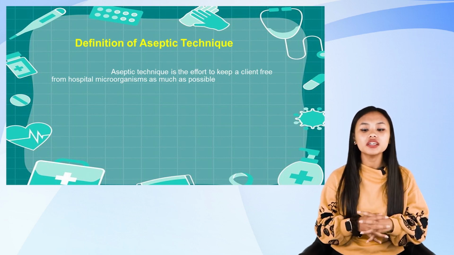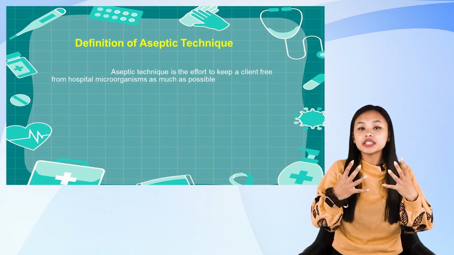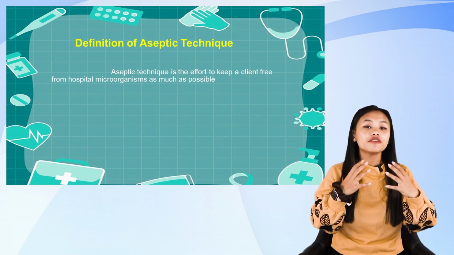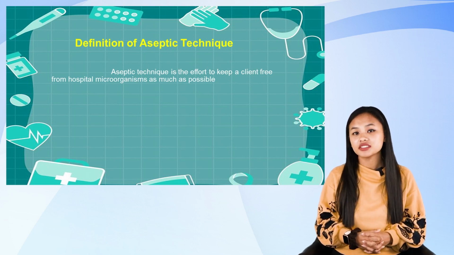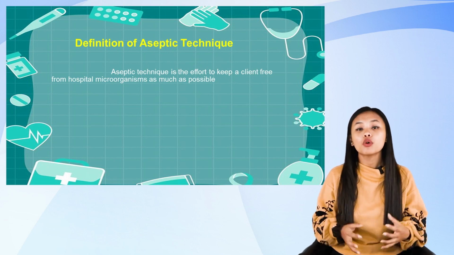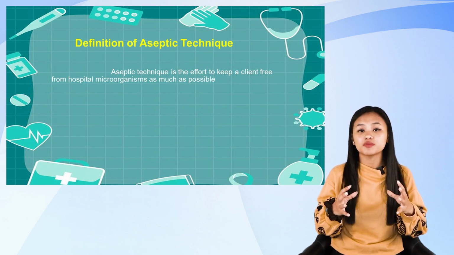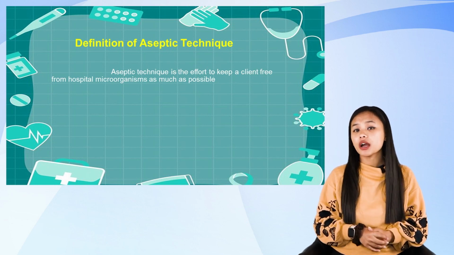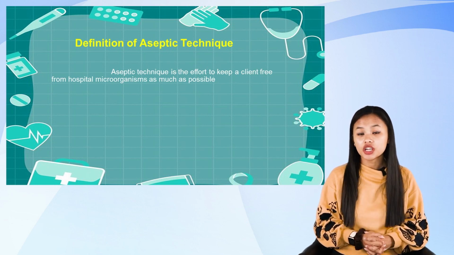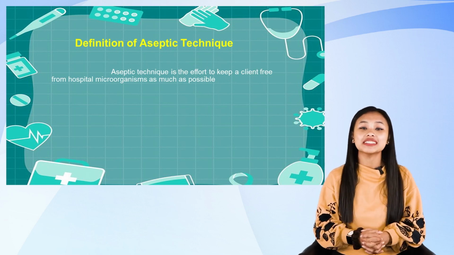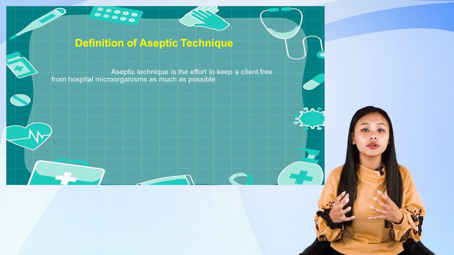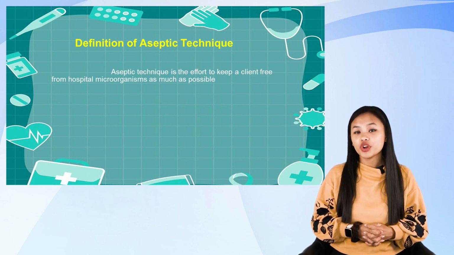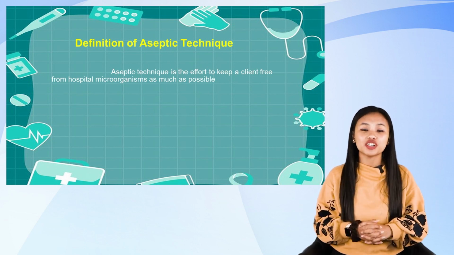This aseptic technique is the effort which will be taken by the healthcare providers in order to make the client free from the hospital microorganisms as much as possible. Why? Because when we talk about the hospital setting, we know that there are different kinds of patients coming with different kinds of conditions. So if we follow this aseptic technique, then we will be able to keep the client free from any microorganisms which are present in the hospital as much as possible.